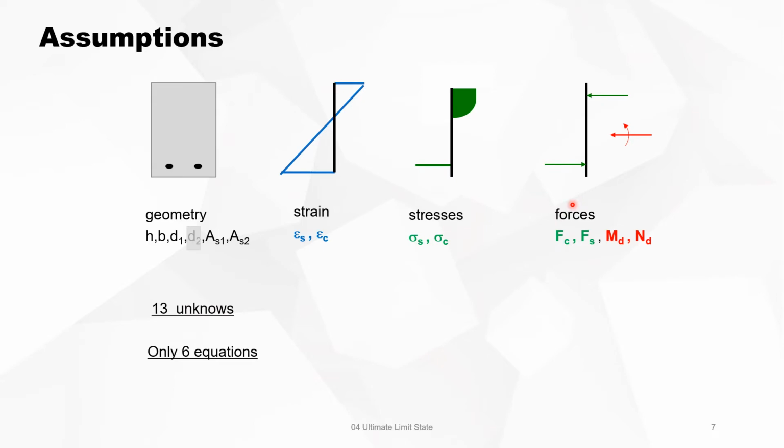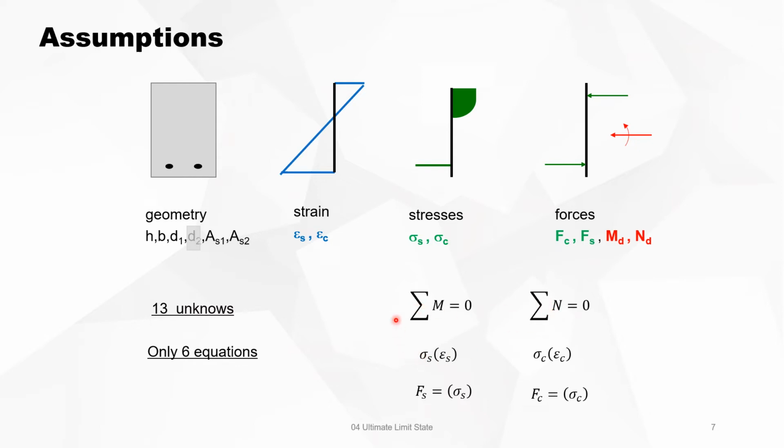And after stresses, you can transform to the force in the steel and the compressive force in the concrete. And this must make an equilibrium with the acting bending moment and acting normal force. Now, if you look at this whole picture, then you will see that we have 13 unknowns, but we only have 6 equations. You can have a rotational equilibrium, transversal equilibrium.